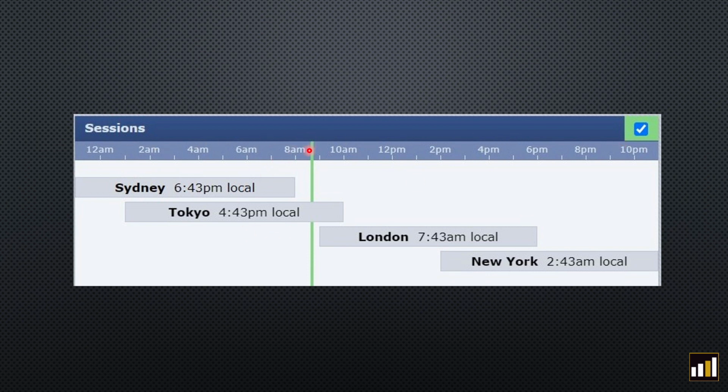So the green line here is going to show which time zone you are trading in at the moment. At the moment we are trading in the Tokyo section, which is the Asian session, and this is your local time.